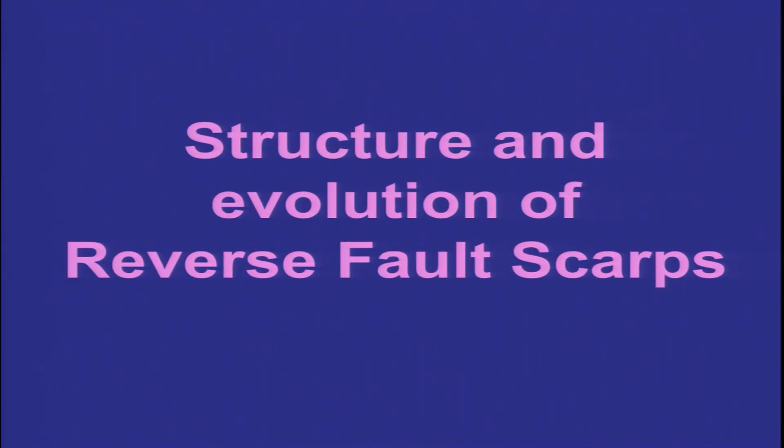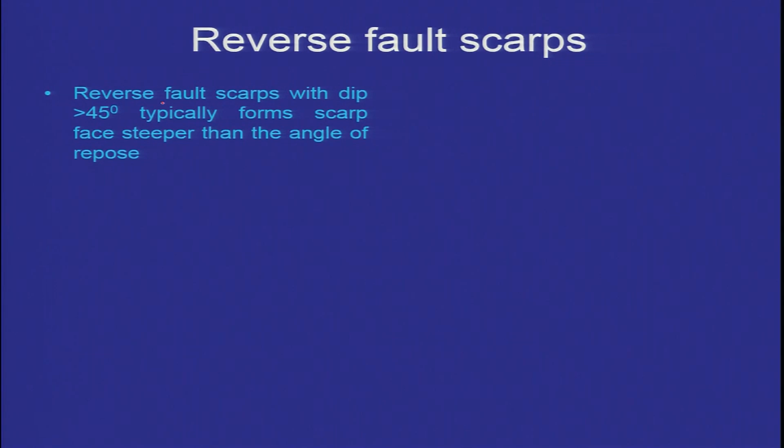Now, if you look at the structures and the evolution of reverse fault scarps, usually we take that the dip is greater than 45 degrees, and in the case of thrust faults we have less than 45 degrees. So they typically form scarps with steeper faces, and the angle of repose will be comparatively higher.